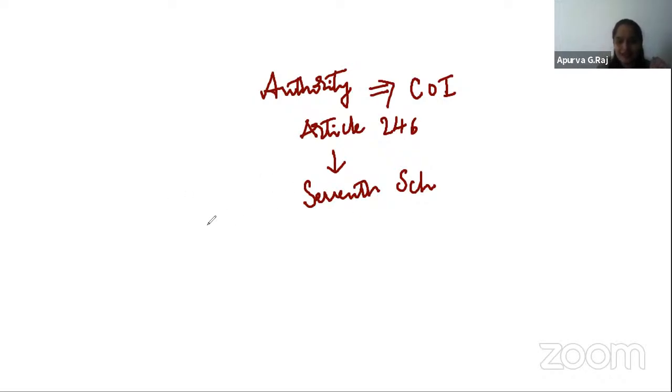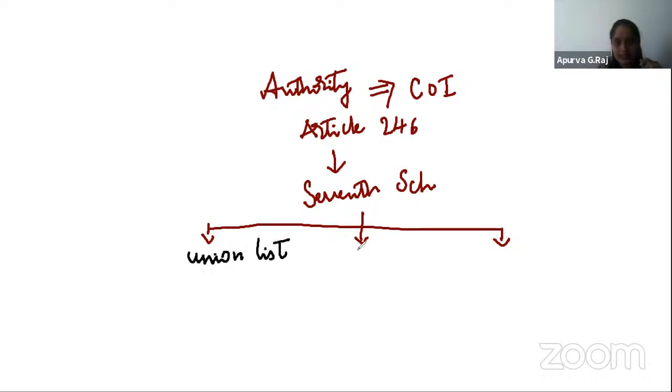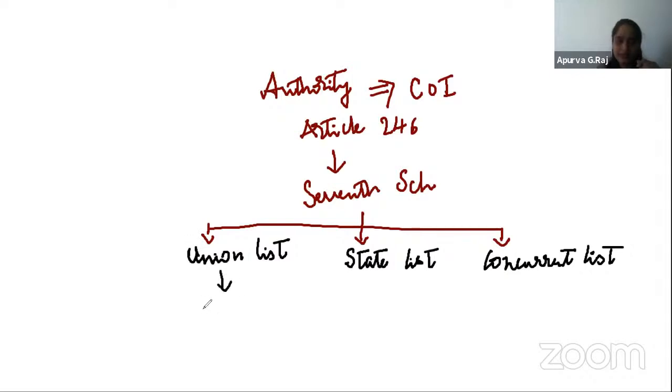Now, this 7th schedule to Article 246 has got three lists. The first list is called the union list, the second list is called the state list, and the third list is called the concurrent list. Under the union list, who has got power?